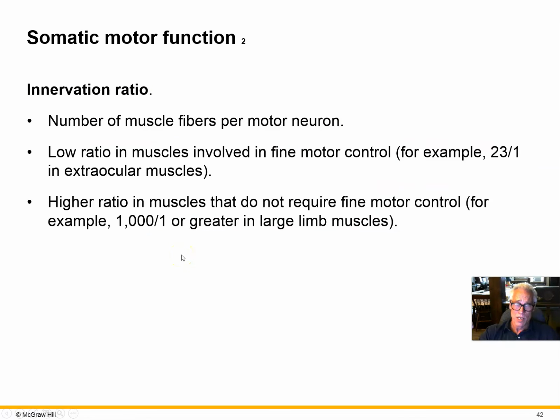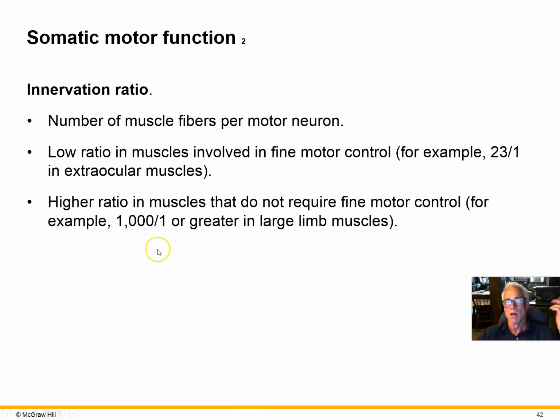So not only does the number of muscle cells per motor neuron rise during recruitment, it also varies greatly among different muscles. Tiny muscles that have a high degree of finesse, such as muscles in your hands or especially muscles in your eyes, have very small motor units, a small innervation ratio, that's called. That means that for every motor neuron, there's a small number of muscle cells.